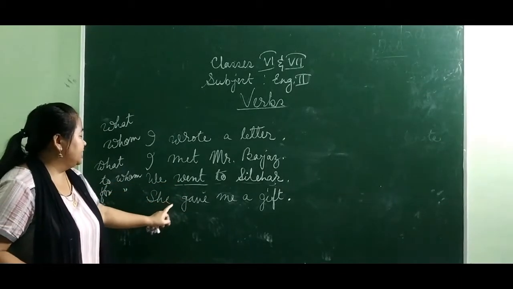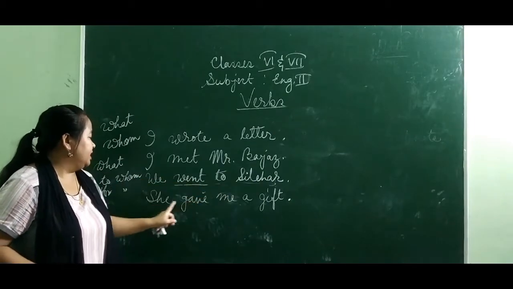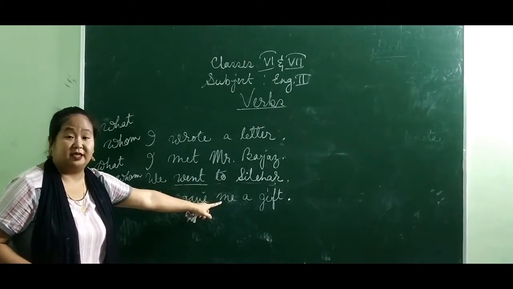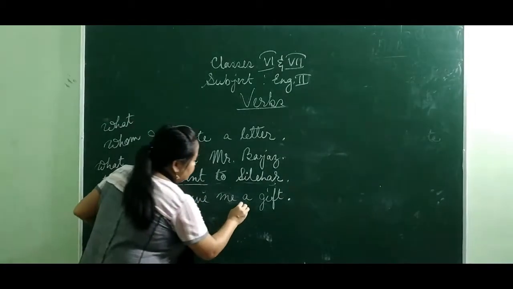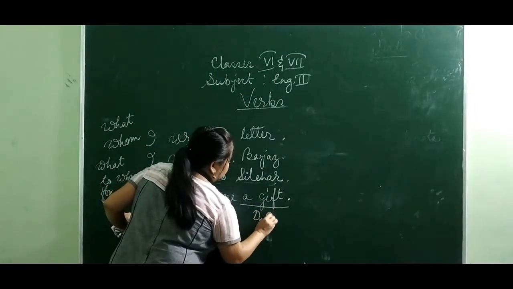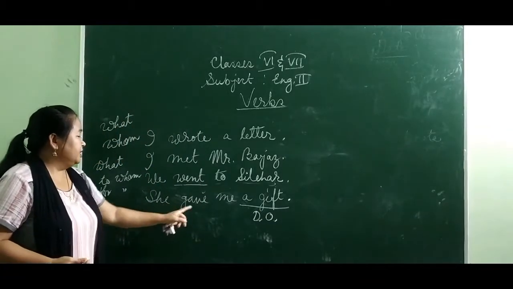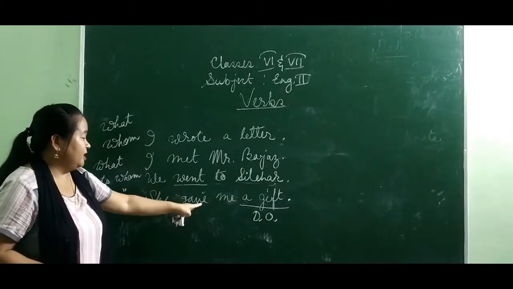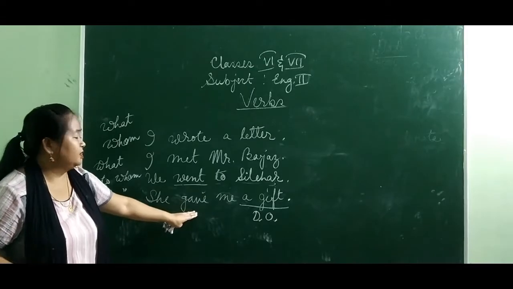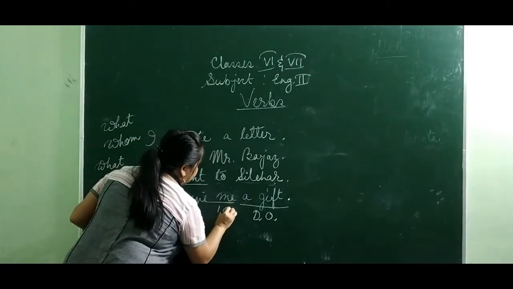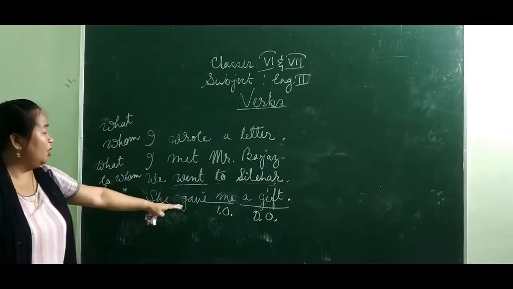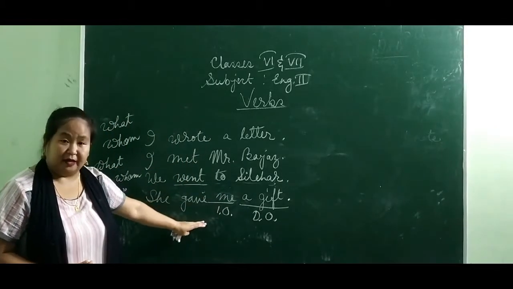She gave me what? A gift, right? This is the direct object. She gave to whom? To me, right? This is the indirect object. So this is how we find out direct and indirect objects.